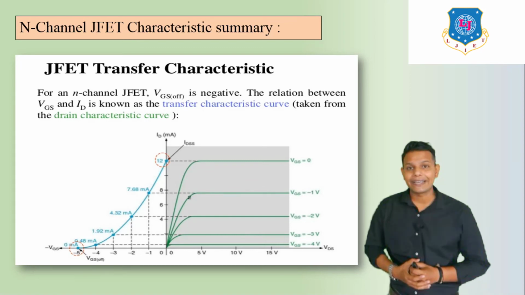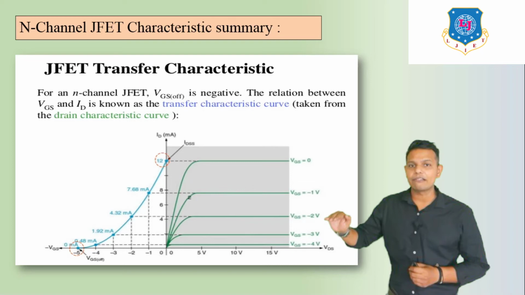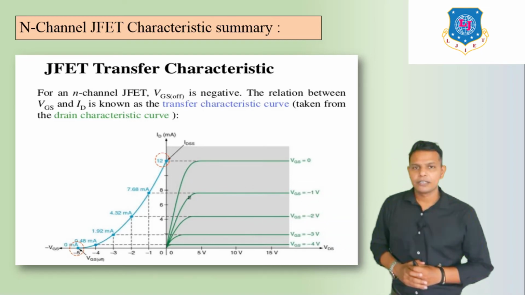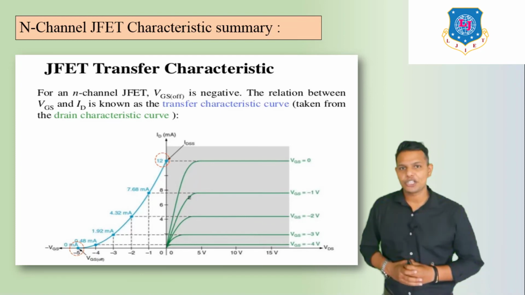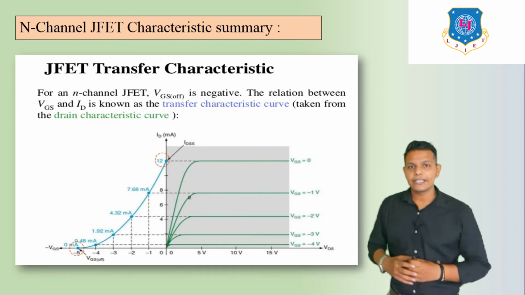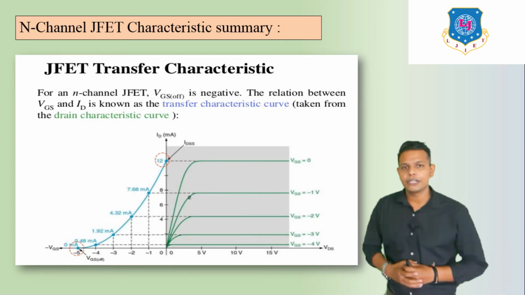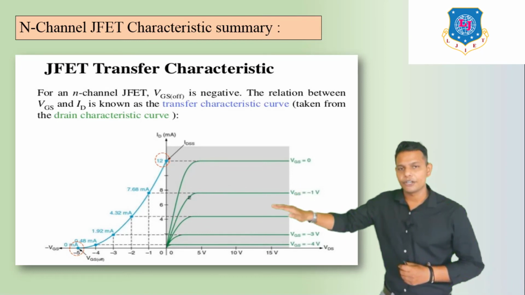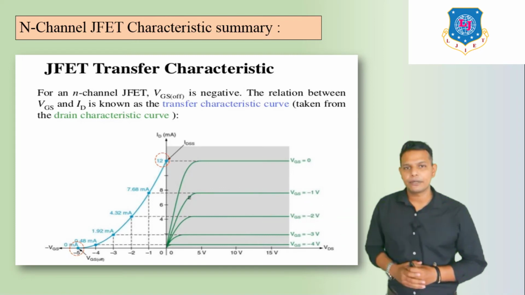If we gradually decrease the VGS value to the negative side, VGS equal to minus 1 volt, that means the depletion region penetrates more into the N channel, and that becomes an obstacle for the flow of drain current. So drain current is reduced, and it becomes 7.68 milliampere.